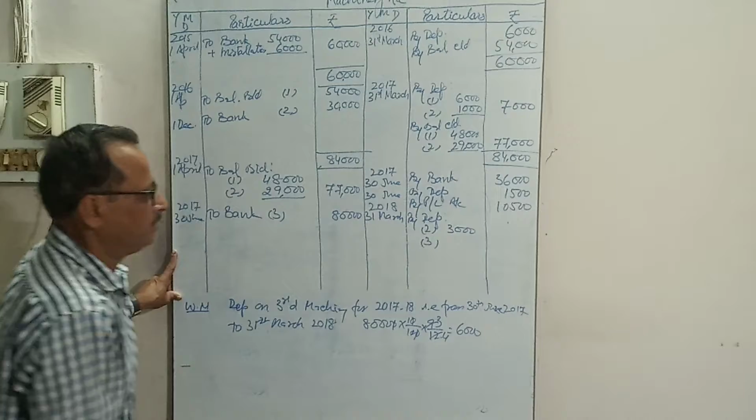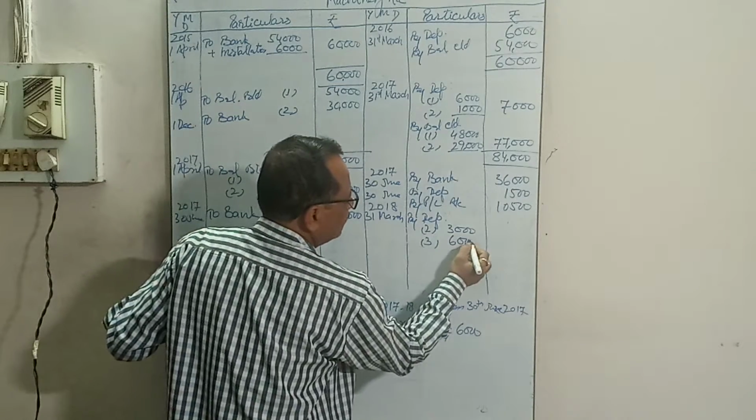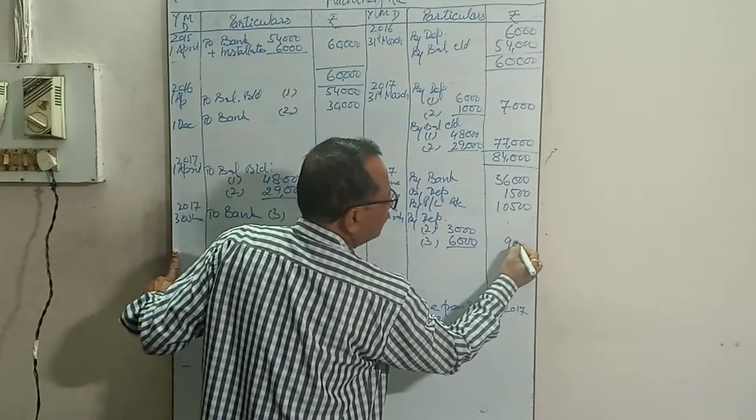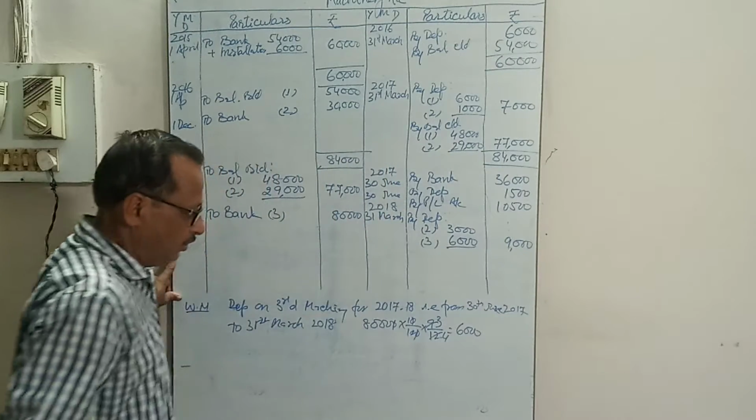This is 6,000. ₹9,000. Now balance will remain.